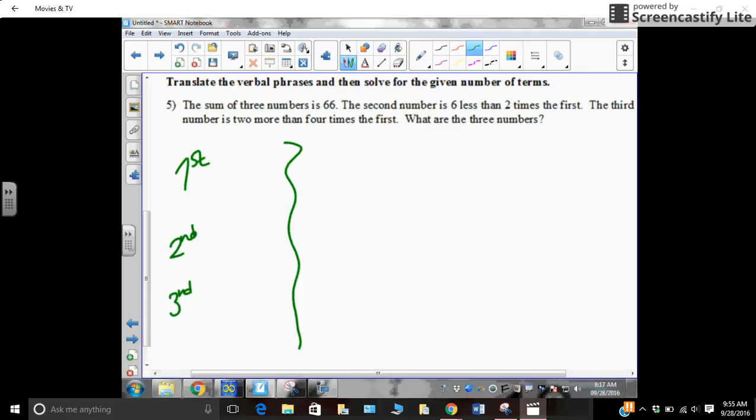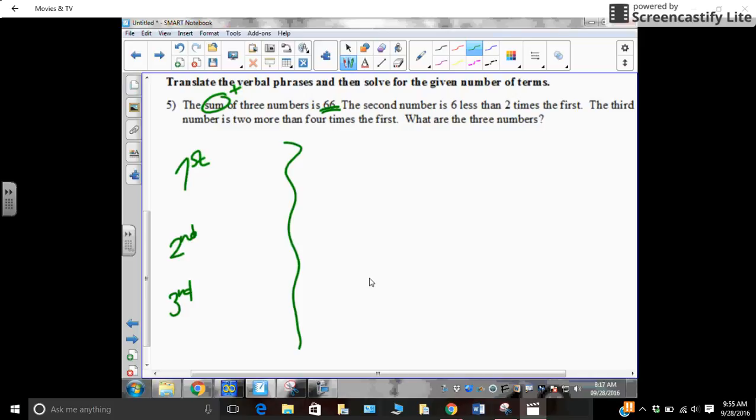Setting up this problem, you probably want to make a first, second, third box over to the side. If we call the first number x, we have a sum, so we know we're talking about addition, adding up to 66.